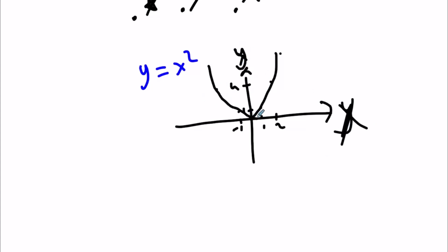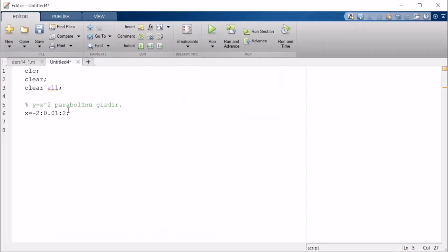If you are asked to draw this graph now, what should you do? I have defined the range x between -2 and 2, and I equated y to x squared. Like I said, you can write this as x multiply x, or you can do it like y equals x squared.